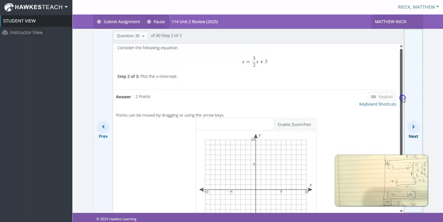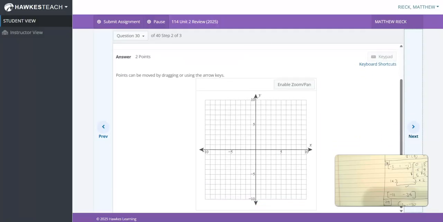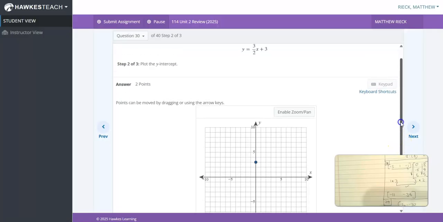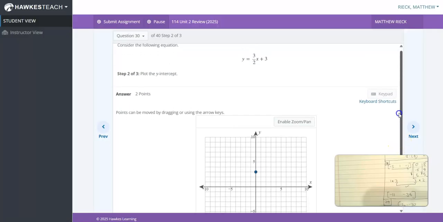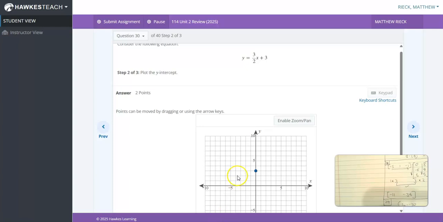All right, so then we're asked to plot this. So my y-intercept is going to be at 1, 2, 3. So 0, 3. And then our slope is 3 over 2, so we can go up 3 over 2.